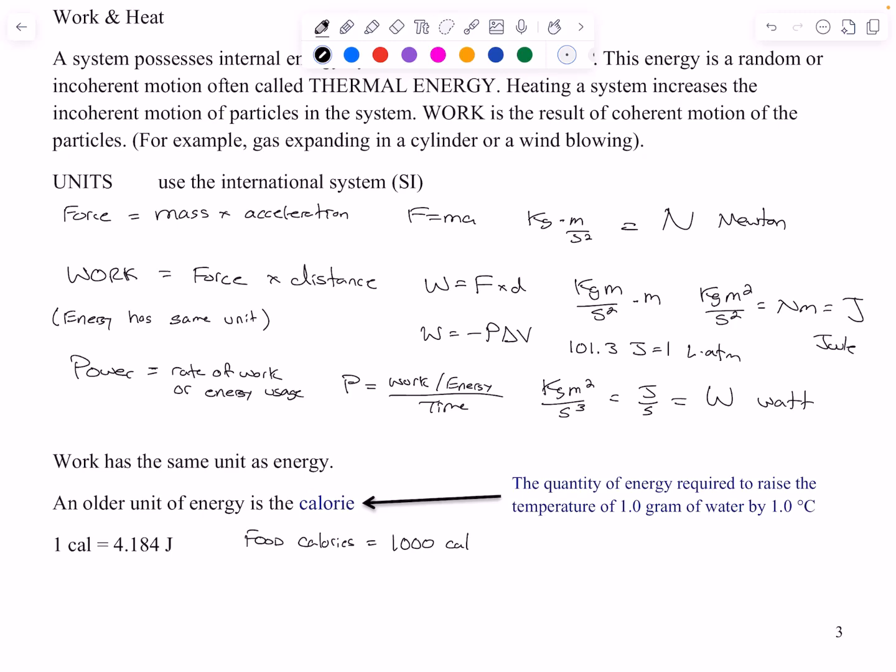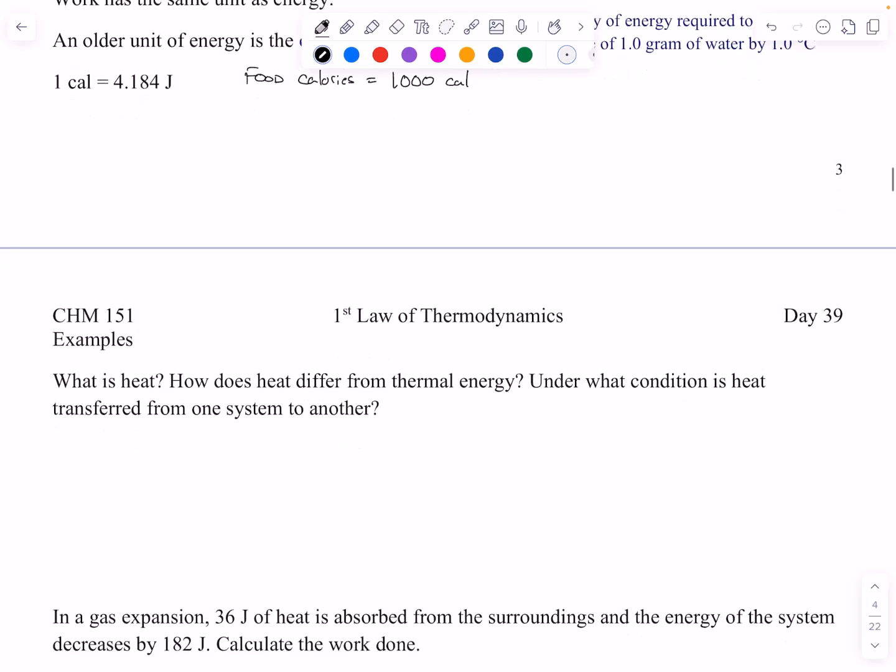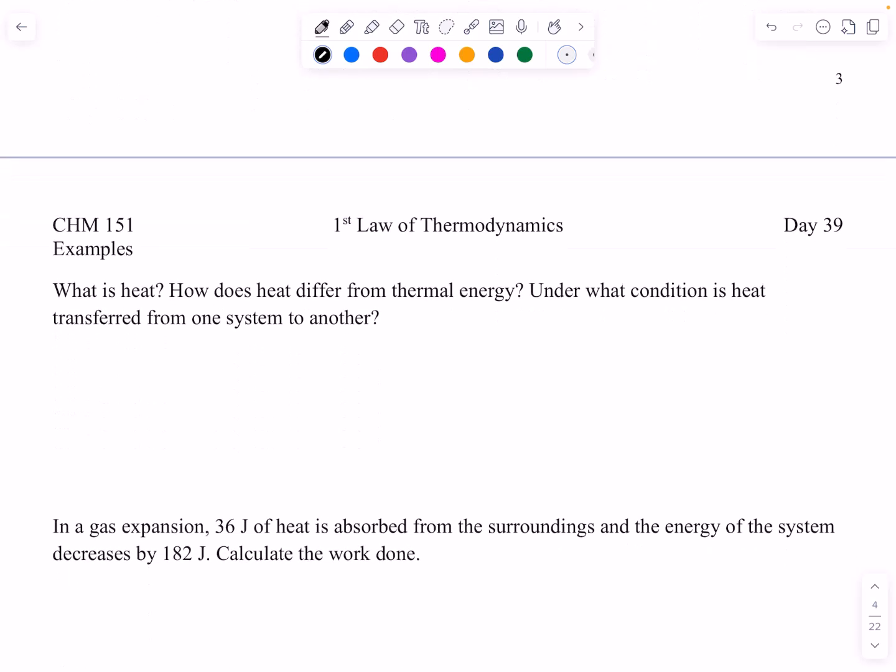So we'll do some examples. What is heat? Before I dive into this, pause and try to do these 3 examples, and then we'll do them.